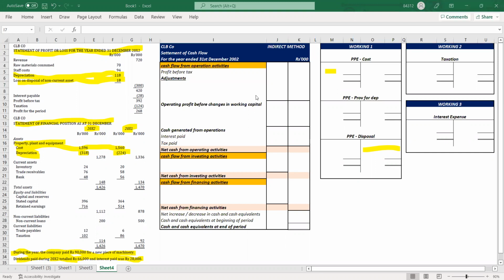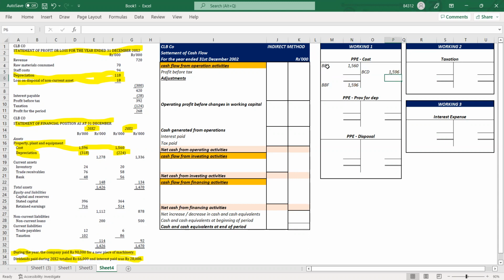Right. PPE opening balance. Balance brought forward. It is an asset 1560 and closing balance 1596. Here we need the knowledge of incomplete records.